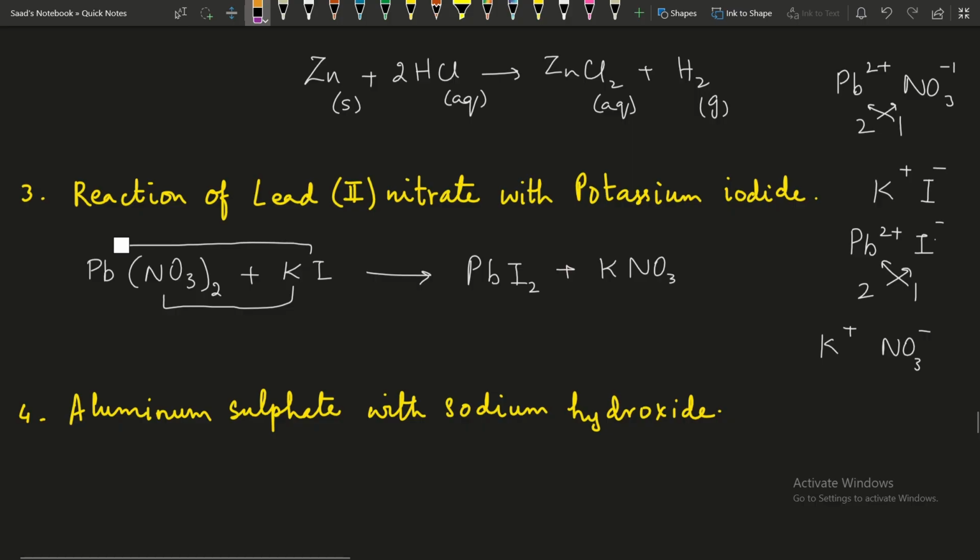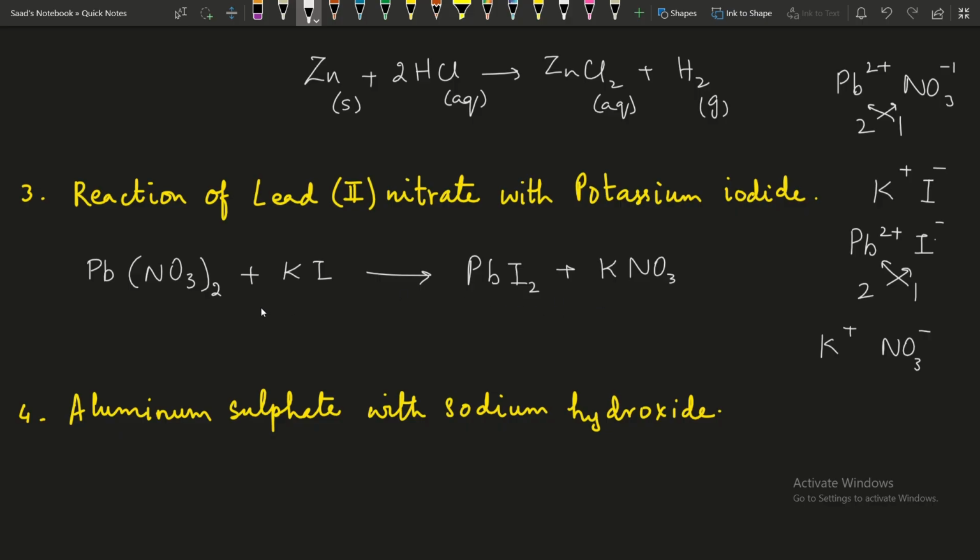Alright, now I need to balance this equation and I have to write the state symbols as well. For balancing, I'll see the metal is lead and it's balanced on both sides. Potassium is also a metal, and it's also balanced on both sides.